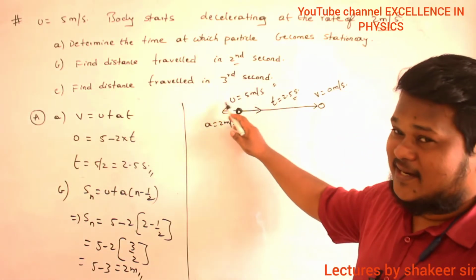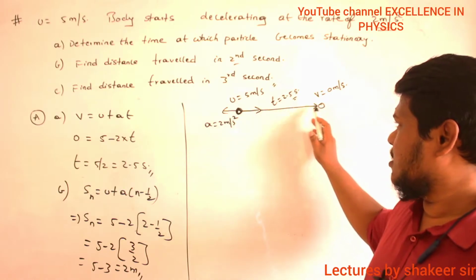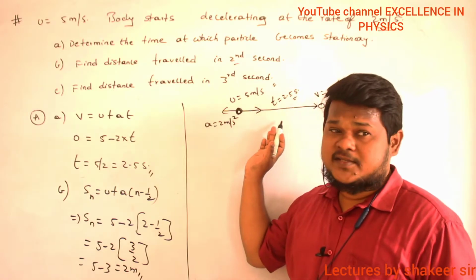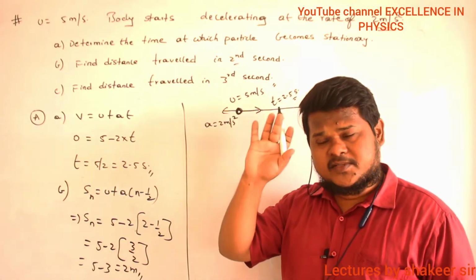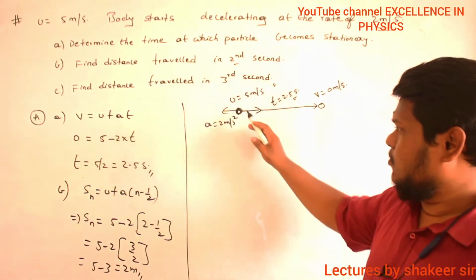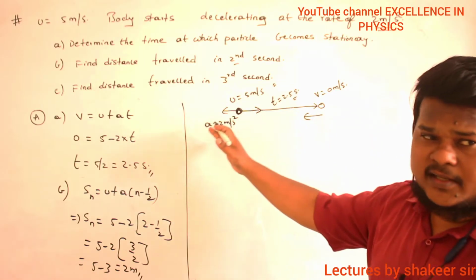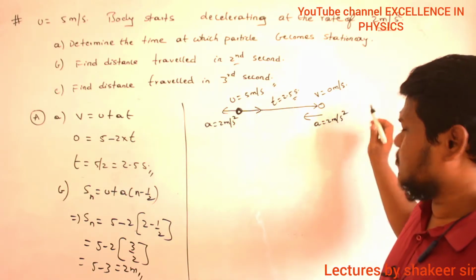Acceleration is continuously acting, no? So the body is going into rest position after 2.5 seconds. After 2.5 seconds, acceleration has not become zero, no? Acceleration is continuously acting on the body. So the body is moving in this direction, but acceleration is continuously acting in which direction? In the opposite direction. So a = 2 meter per second squared.